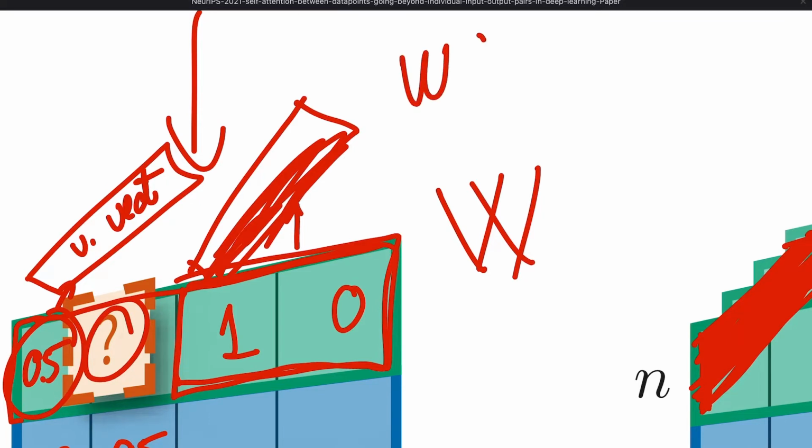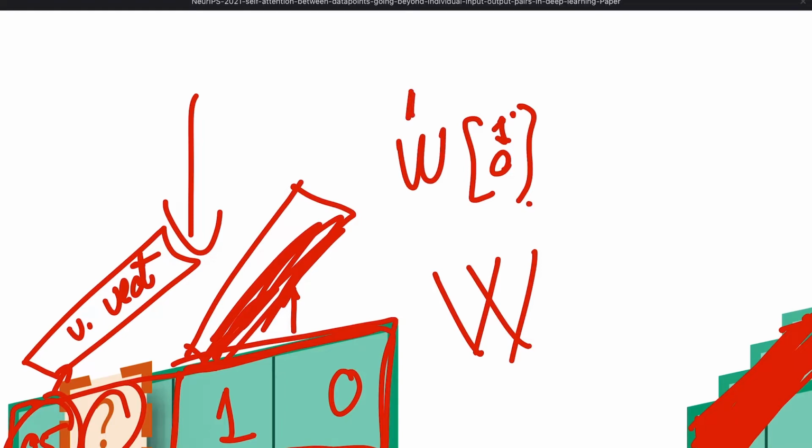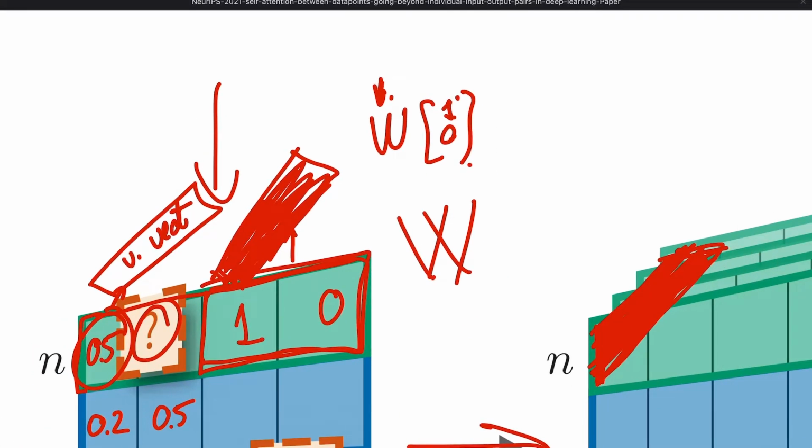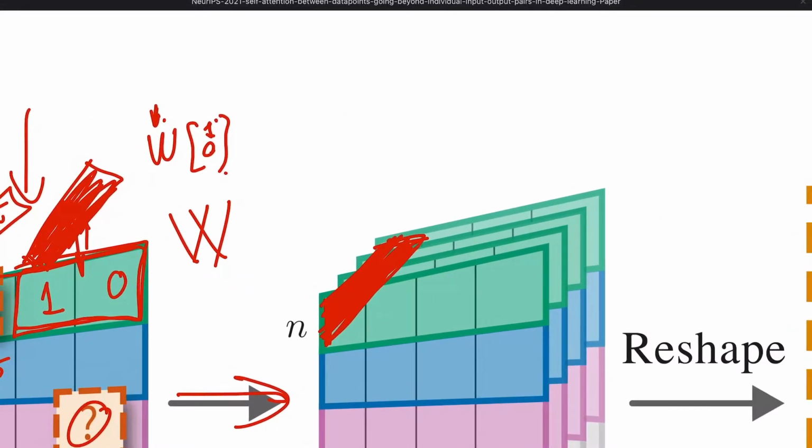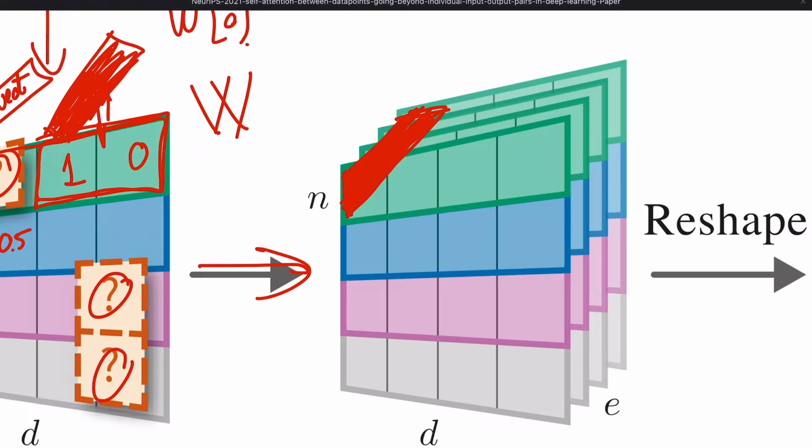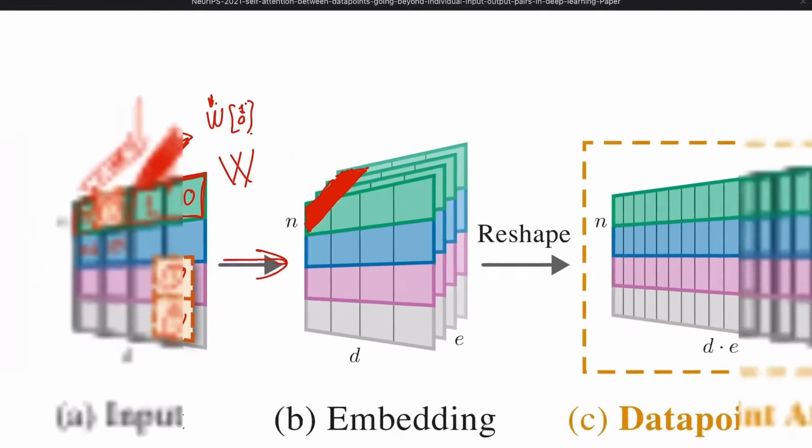So you are going to have a matrix times 1, 0, and this is essentially selecting only one column. So here you'll have an embedding, which wants to learn what the combination is for this thing. So again, they are making this split to use embeddings, I believe, for the simplicity of handling both continuous and categorical values.